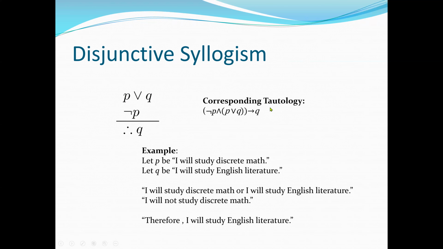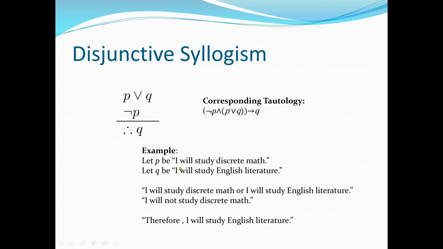And this is the corresponding tautology. So we know that it's not P and also P or Q. So if it's not P and P or Q, it will imply Q. Why? Because if it's not P, then it's Q. So we get Q, because in P or Q, one of them has to be true, and that implies Q. So a very good example here.